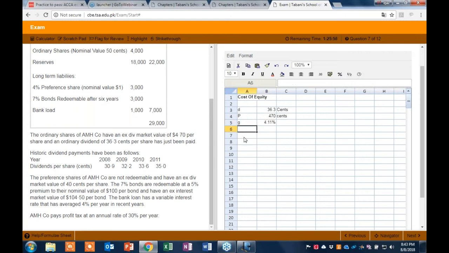So here we go, we've got all the variables that should be used in the dividend valuation model. Let's calculate the cost of equity.